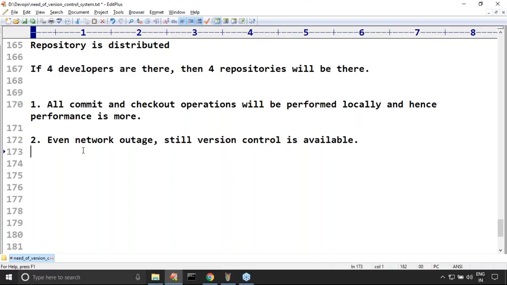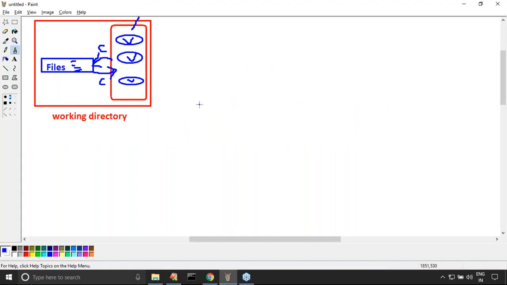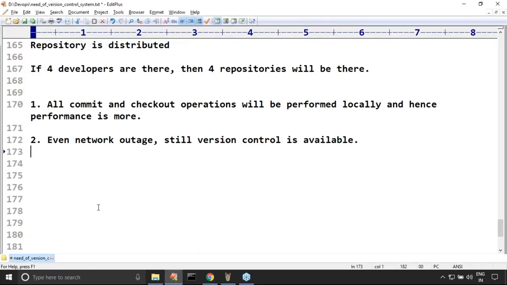Yes, available. The developer's machine need not be connected always. Even if a remote repository exists, it is just for sharing sake. I will discuss that model soon. So network issues won't matter much. This is the second advantage.